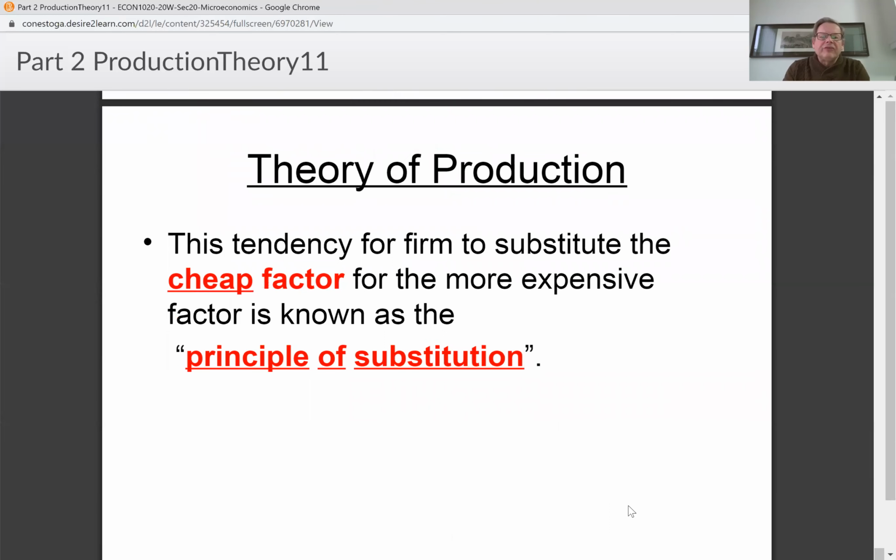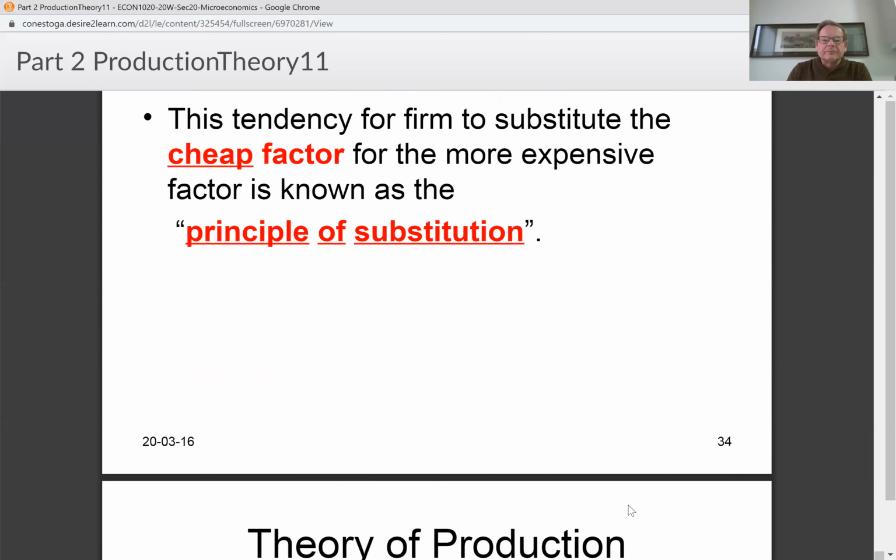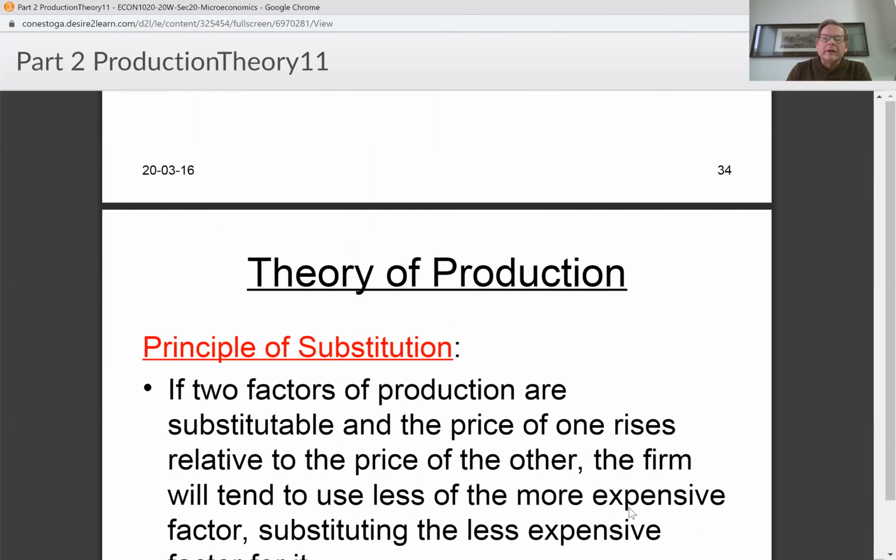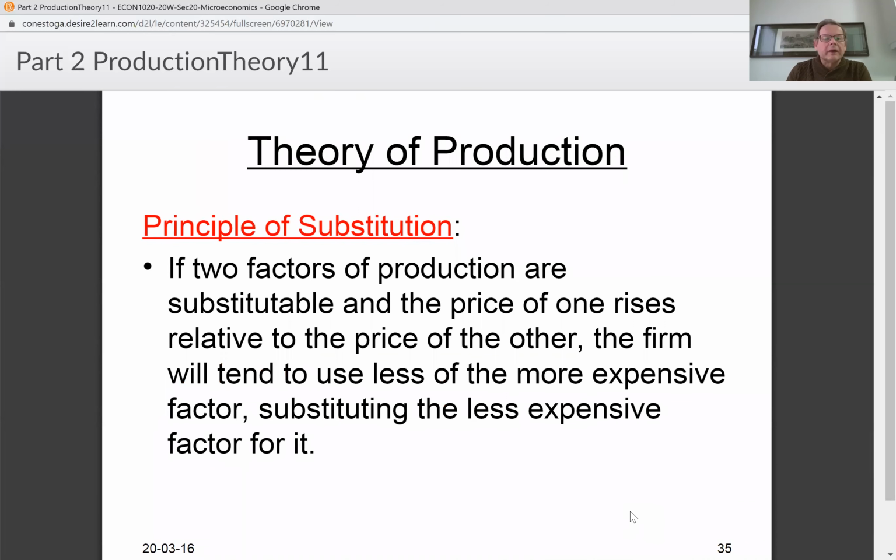So this tendency for a firm to substitute a cheap factor for a more expensive factor is known as the principle of substitution. So the cheap factor will replace the more expensive factor, given that the quality and quantity are the same. Or maybe with the new way of doing it, the quality is better.